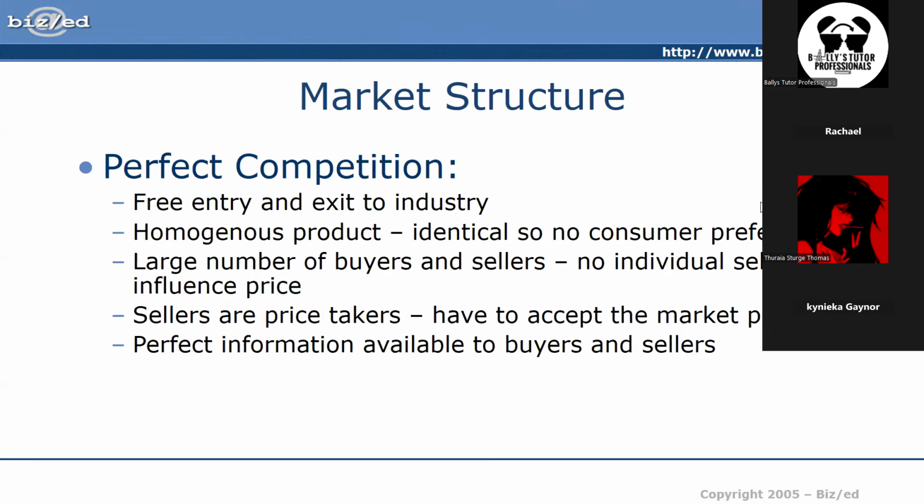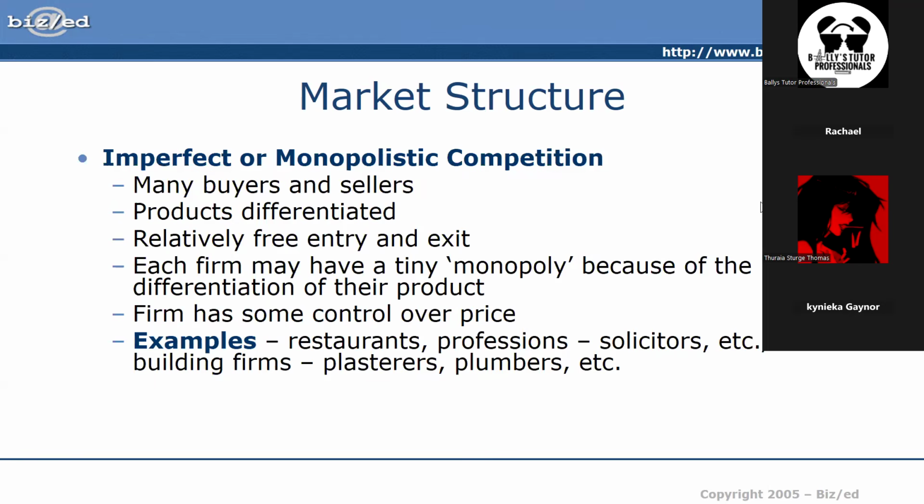So that's perfect competition. All the products are the same. Free entry and exit, no control over price, large number of buyers and sellers. Imperfect, well, all the others are imperfect. Monopolistic competition, many buyers and sellers. The products are different in some way, similar but different.